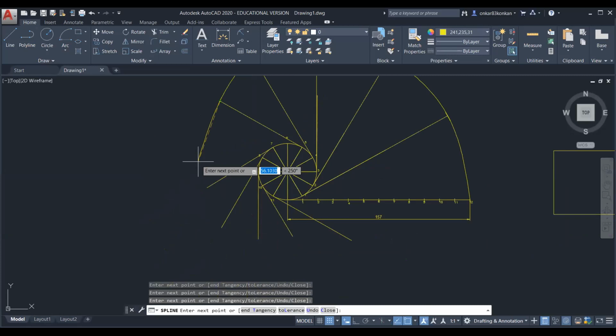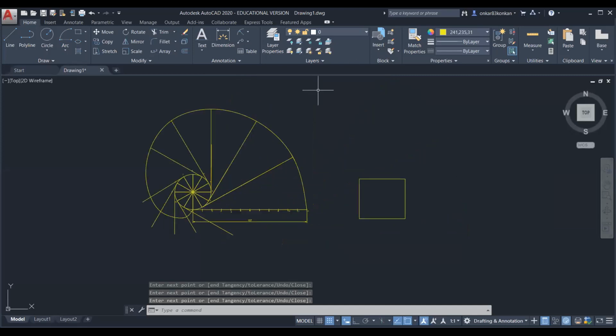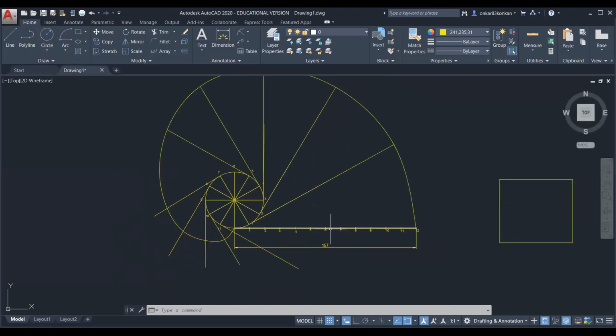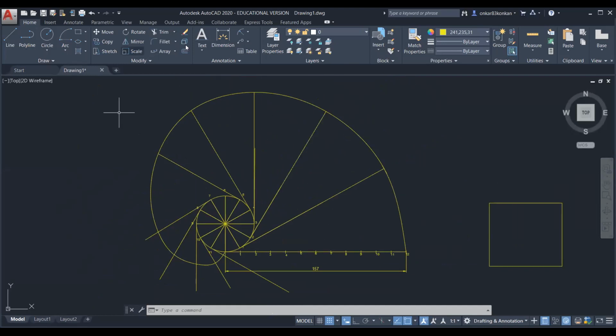So actually, this is not a perfect curve. So this is your complete involute for a circle. You can give the names.